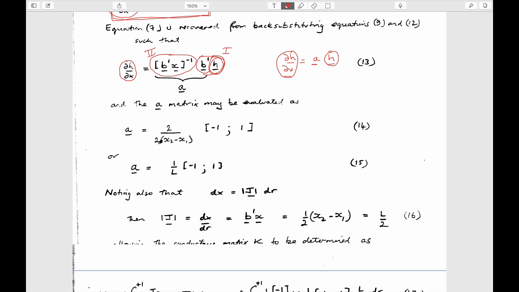And so we can calculate exactly what those terms would be because we know what they are. If we substitute the values in for this, what do we end up with? B prime is just a half, 1 over 2 times this. So this term and this term here are B prime. The product of B prime and x is this term here.